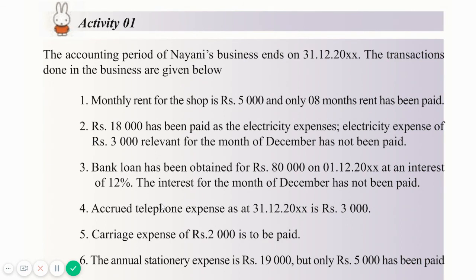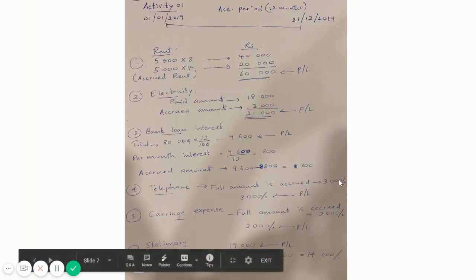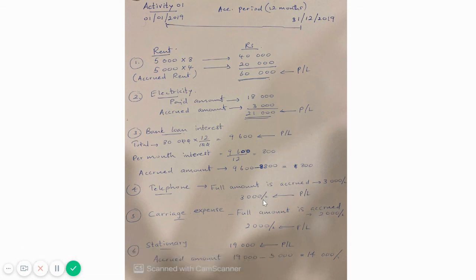Thereby you have to open up a new telephone expense account, and debit 3,000 there and credit the accrued telephone expense account by 3,000. The full amount is accrued. 3,000 will be shown in the profit or loss, and on the other hand, in the statement of financial position also, under current liabilities, you have to say accrued telephone expense and show it as 3,000 rupees.